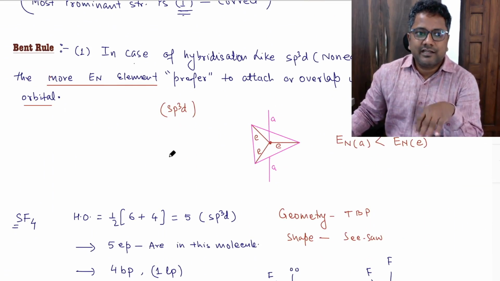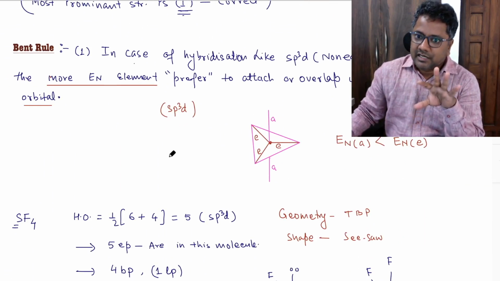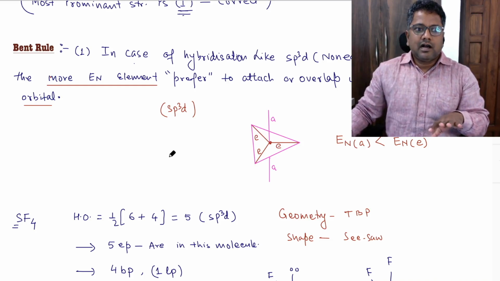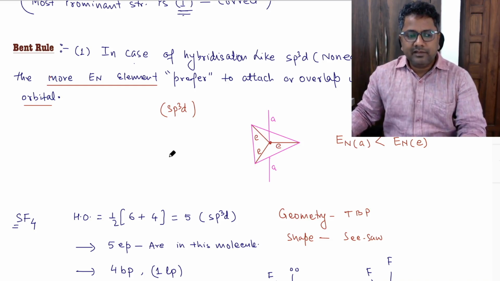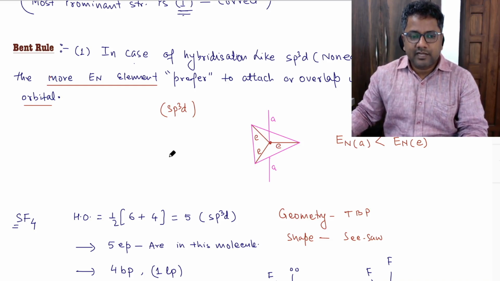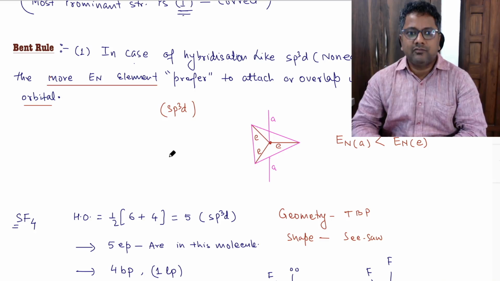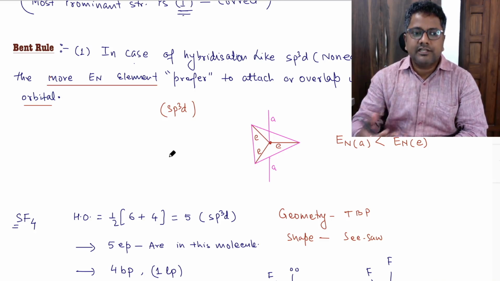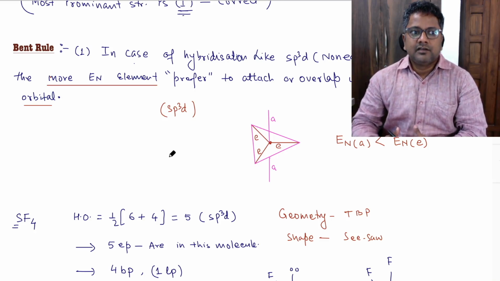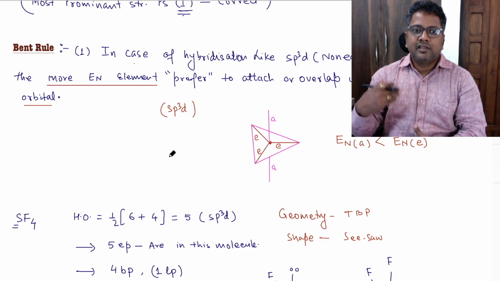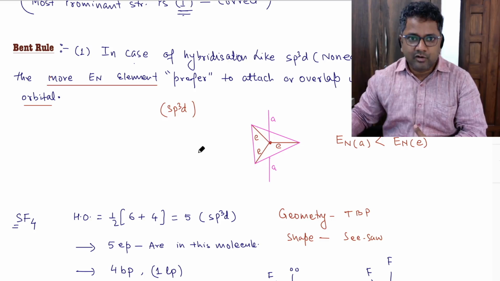Now come to the second case, in which hybridization is equivalent, but after hybridization, when overlapping takes place, if atoms of different electronegativity are involved, then also there is a deformation and there is a change in the bond angle, change in the bond length. All these things can happen.